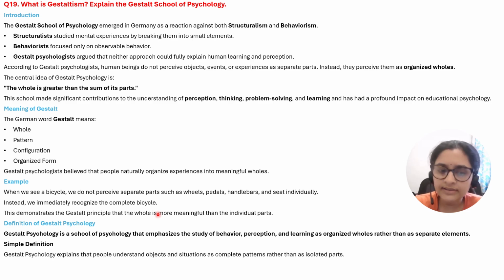We call it a cycle as a whole. We do not say this is a wheeled cycle, a seated cycle, or a pedal cycle. It is a cycle. We immediately recognize it as a complete bicycle. Gestalt psychology goes along similar lines.